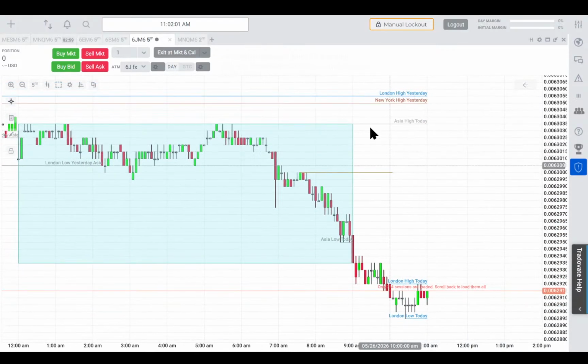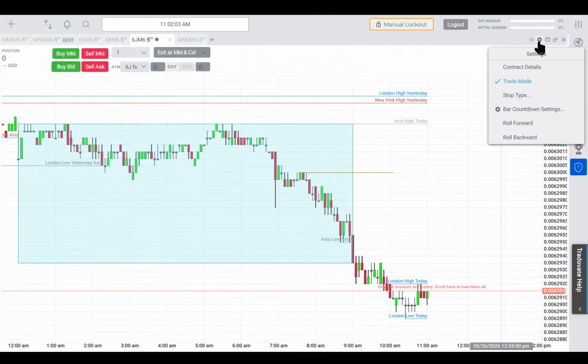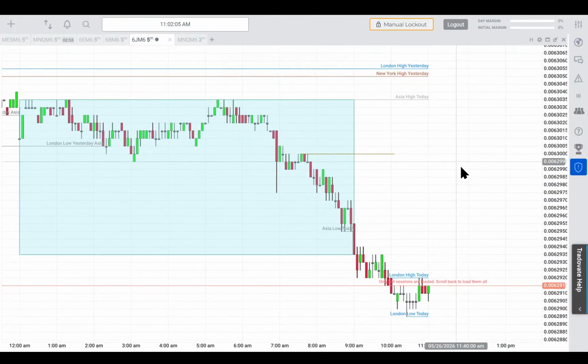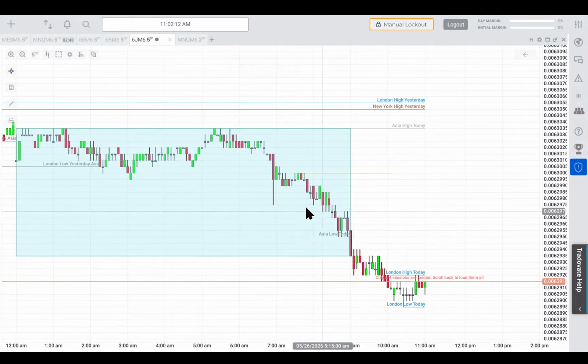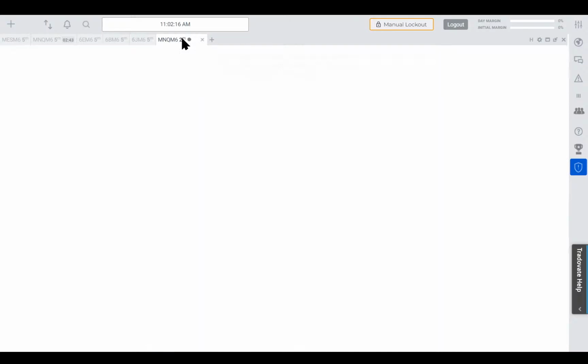Then I can click the settings and deactivate the trade mode, which means I can't put on positions either. That means this chart is now good for doing nothing.